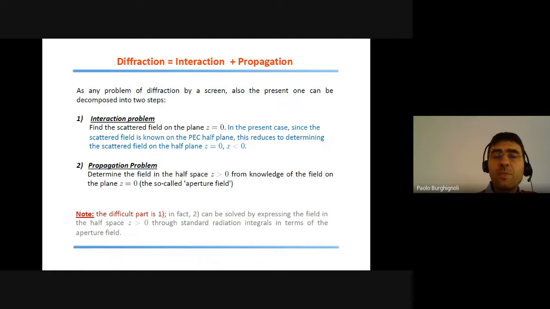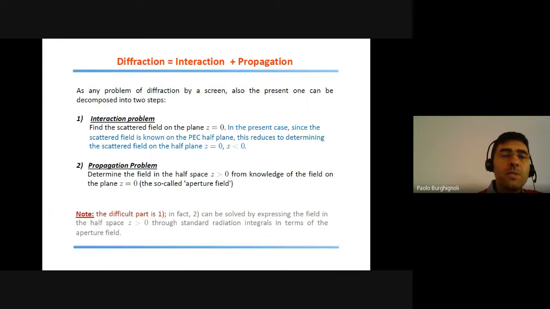Then the second step is the so-called propagation problem, which consists in determining the field in the entire half space z greater than 0, that is beyond the screen, from the knowledge of the field on the aperture plane. That's the so-called aperture field.